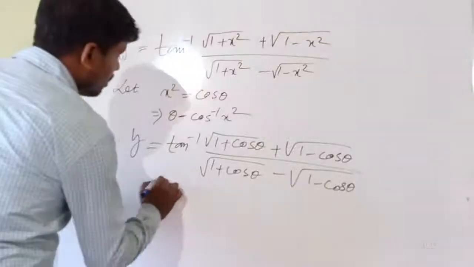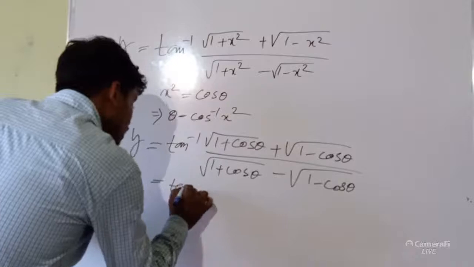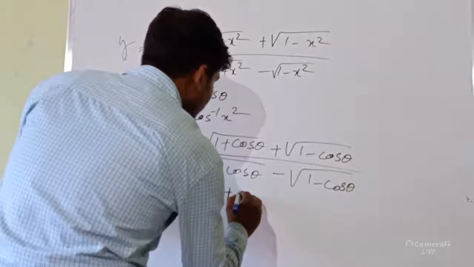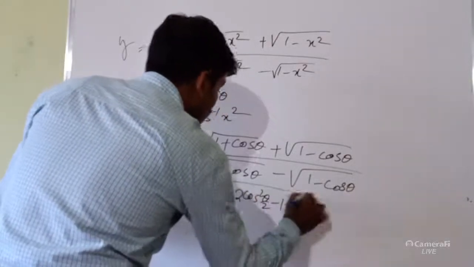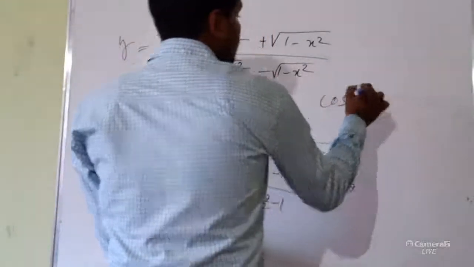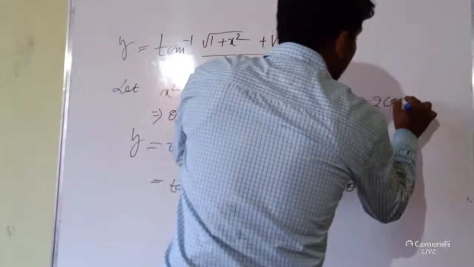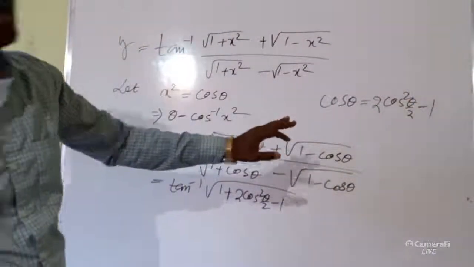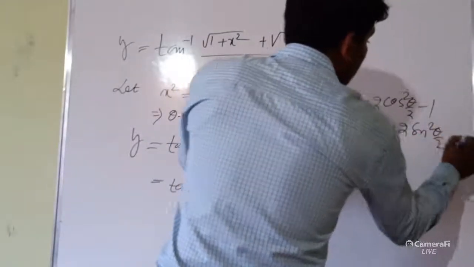Now in this 1 plus cos theta, in the place of cos theta we can write 2 cos square theta by 2 minus 1, and also this cos theta is written as 1 minus 2 sin square theta by 2.